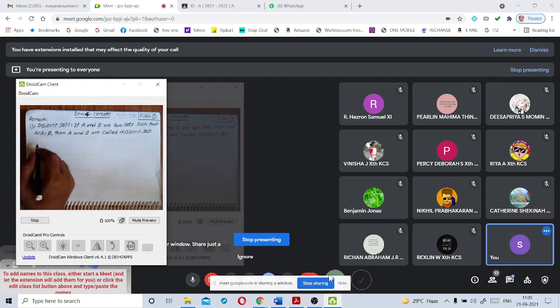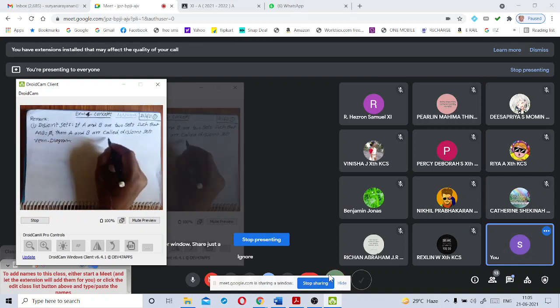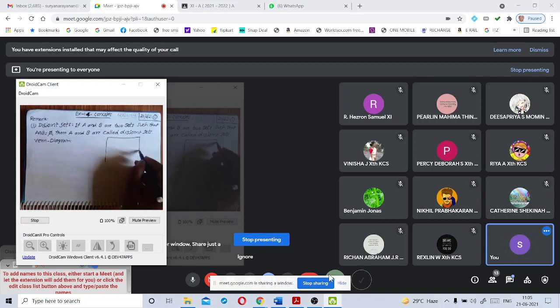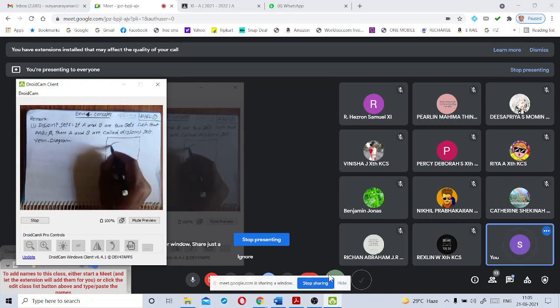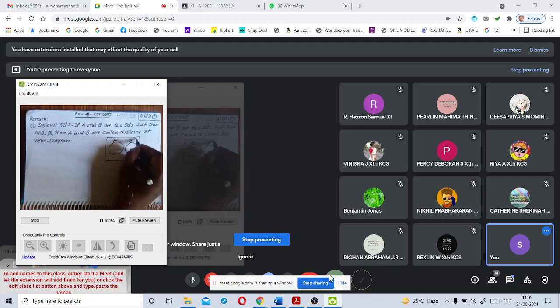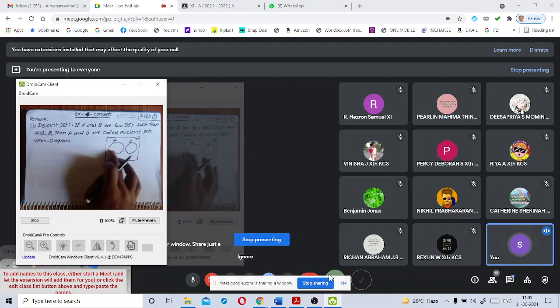Venn diagram for disjoint sets. If you want to represent disjoint sets, like this, there is no common area.